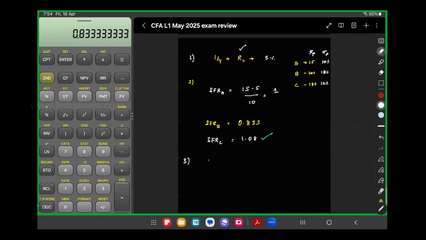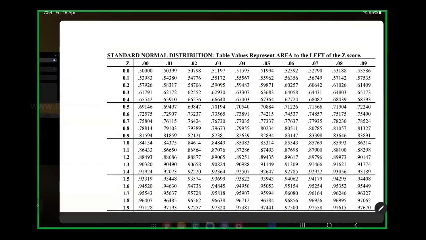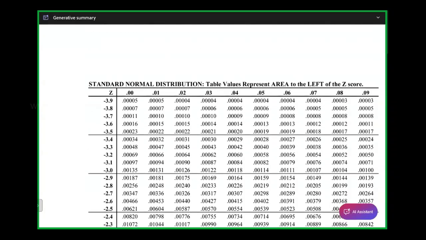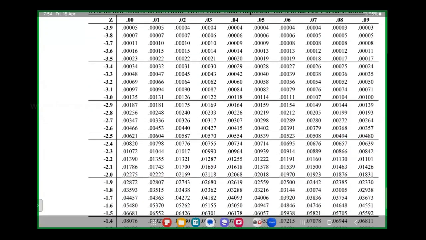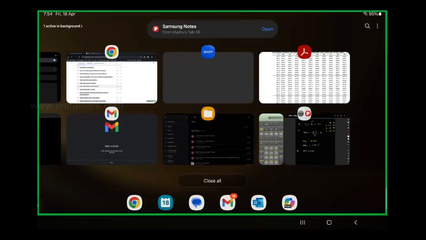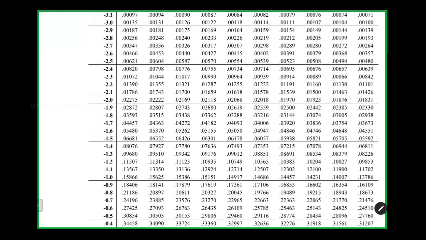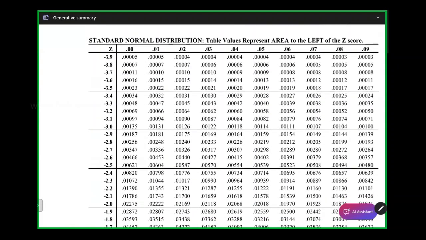To do that, you're going to do N of minus 1.08. So go into the standard normal table. If you have the negative, you can do that directly. Otherwise, you do 1 minus N of 1.08. We don't have Excel, so we can't do second, third decimals, so I want to round this to 2 decimals. Minus 1.08 is your last but one column.